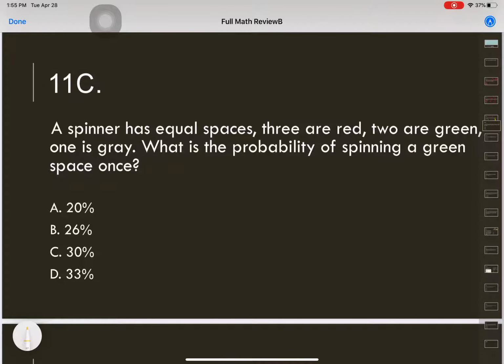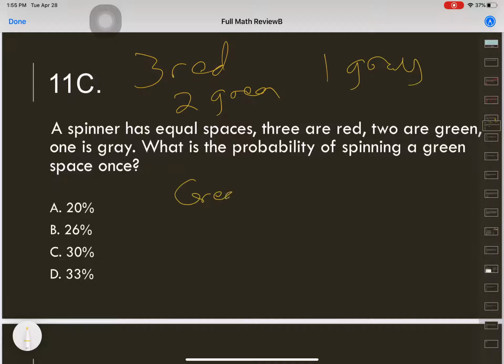Next one, a spinner has equal spaces. 3 are red, 2 are green, 1 is gray. We want green out of all. Well, there are 2 green out of 6 all. So 2/6. So on this one, you can actually use your handy dandy calculator and do 2 divided by 6.